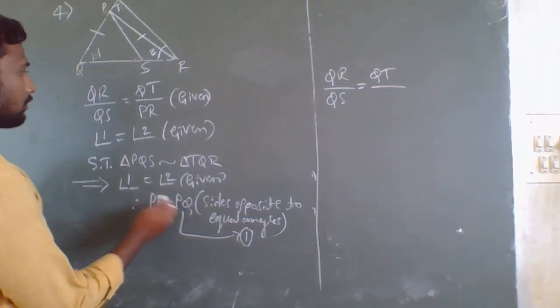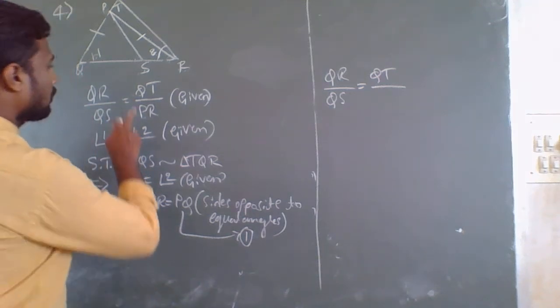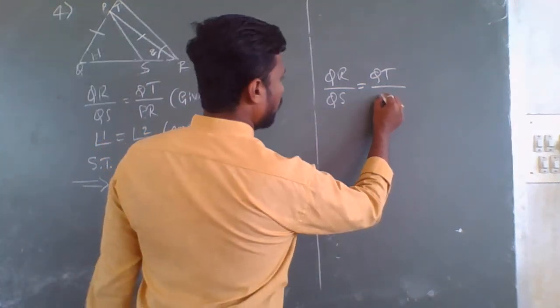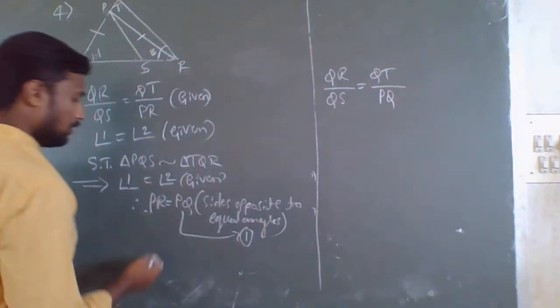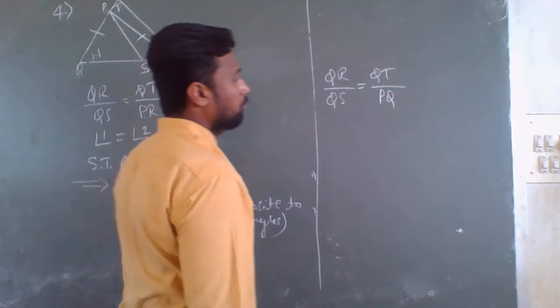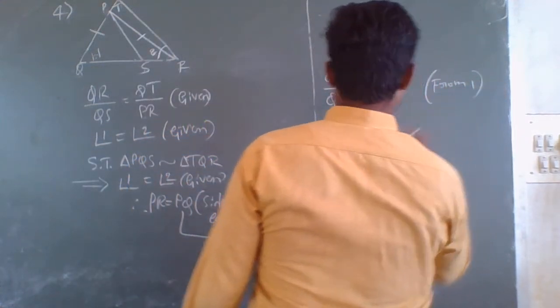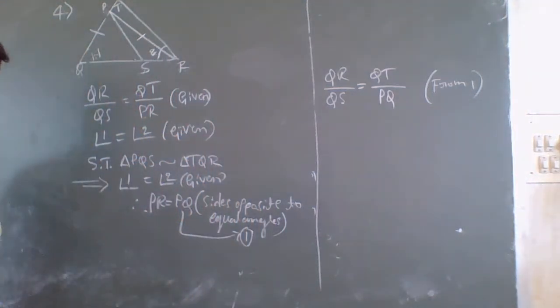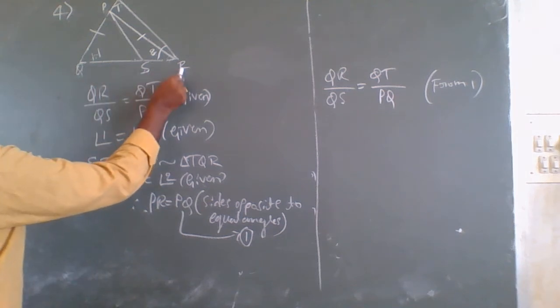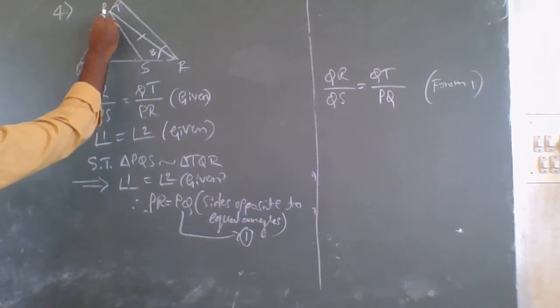Therefore, QT by PR becomes QT by PQ. So now we got QR by QS equals QT by PQ.